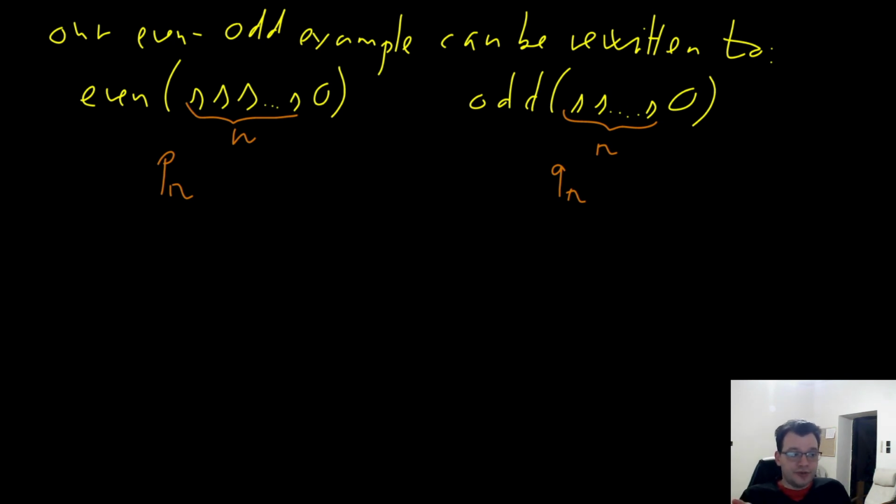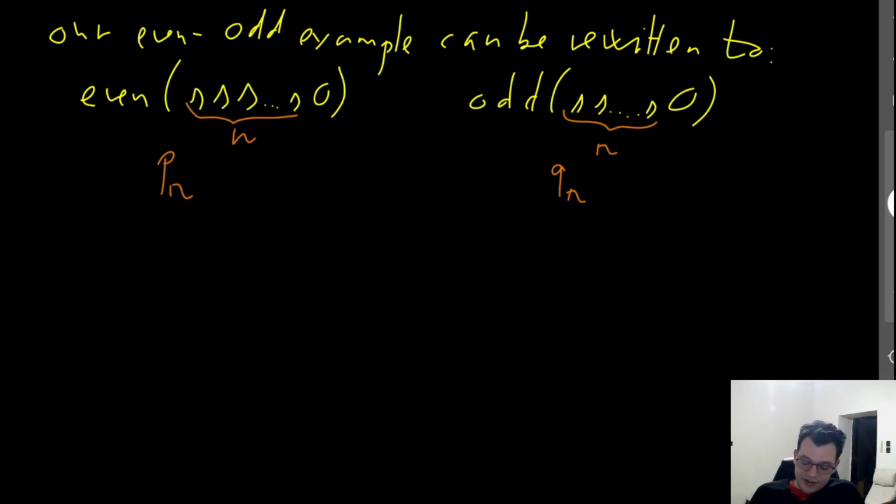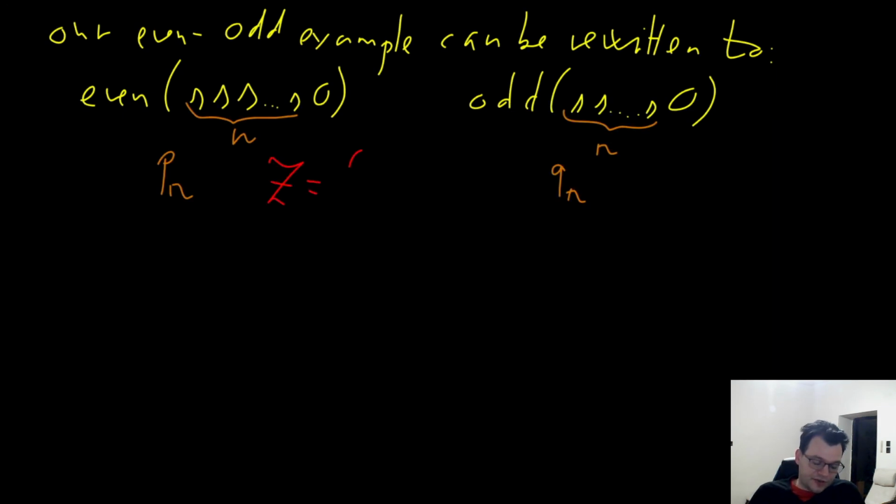So even or odd, P or Q, and the number of s's is just the n, the index, the subscript of the variable. So in that case, the Z, the set of the variables will be P1, Q1, P2, Q2, and so on.